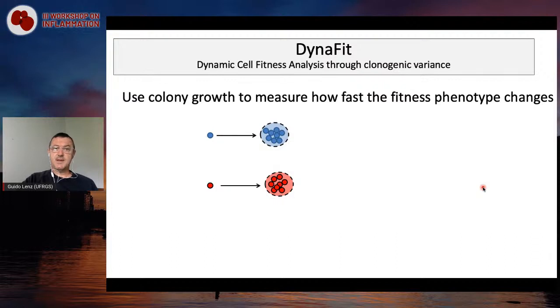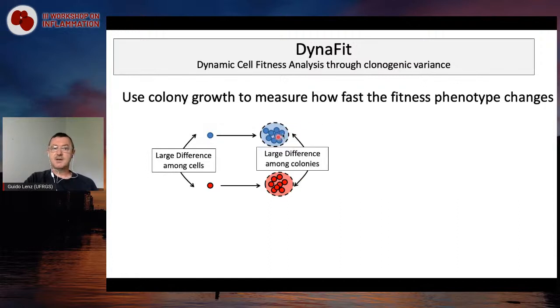To test this, we created this method, which we called DynaFit, short for Dynamic Self-Fitness Analysis, which is based on the following rationale: that in single cells, you have a large difference among these cells. If these cells conserve their characteristics, here, for example, their growth rate, you will continue to see the same large difference among colonies.